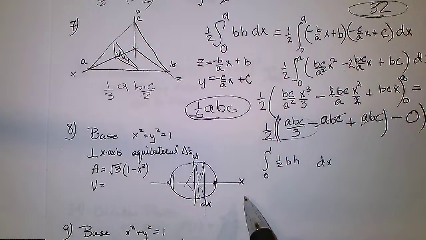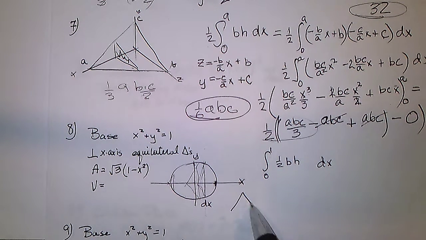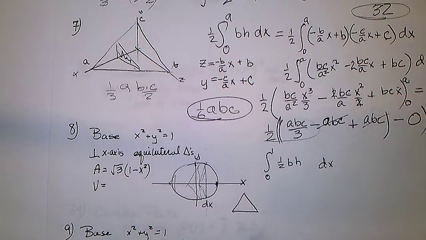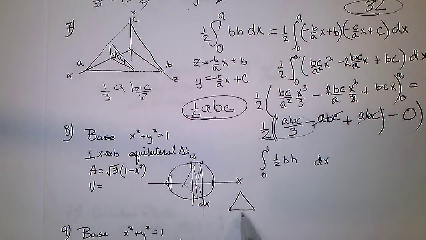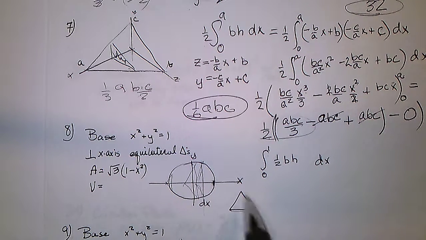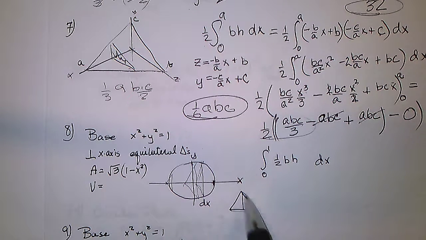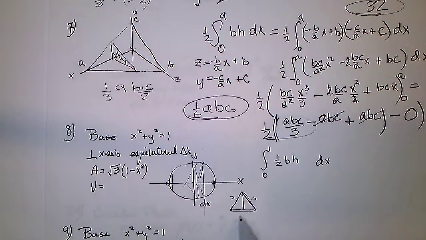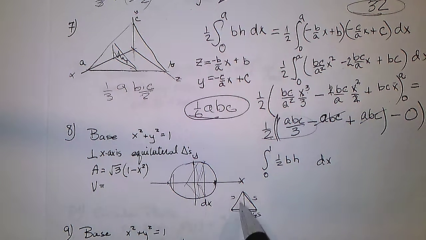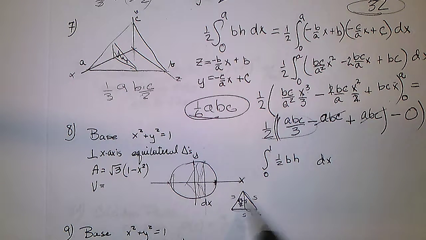And these are equilateral triangles that look like this. So whatever this side is, the height would be there. If that's a side and that's a side and that's a side, this piece right there is 1/2 of a side.